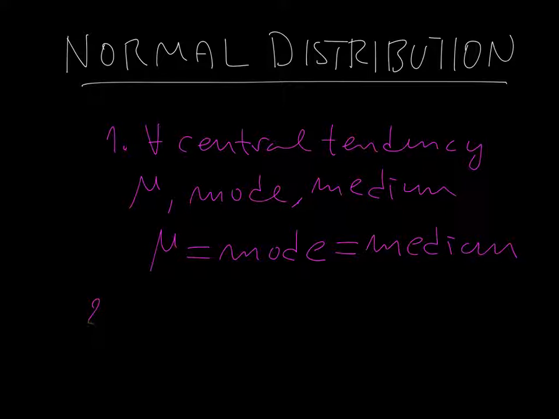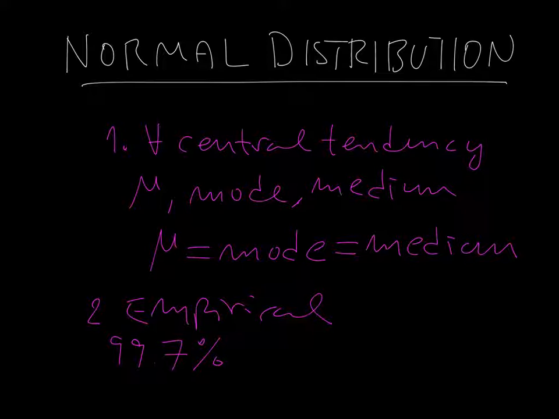The second rule is known as the empirical rule. And the empirical rule says that 99.7% of all of the data set must be found within 3 standard deviations above and below the mean.